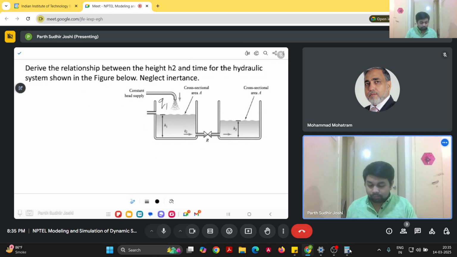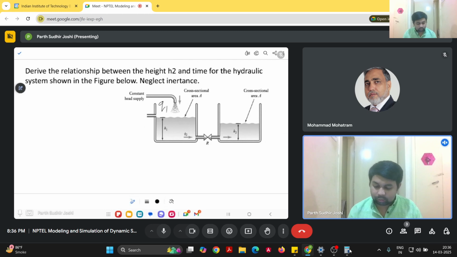So for the resistance R, let us label the atmospheric pressure. Both the containers are exposed to atmospheric pressure P naught.